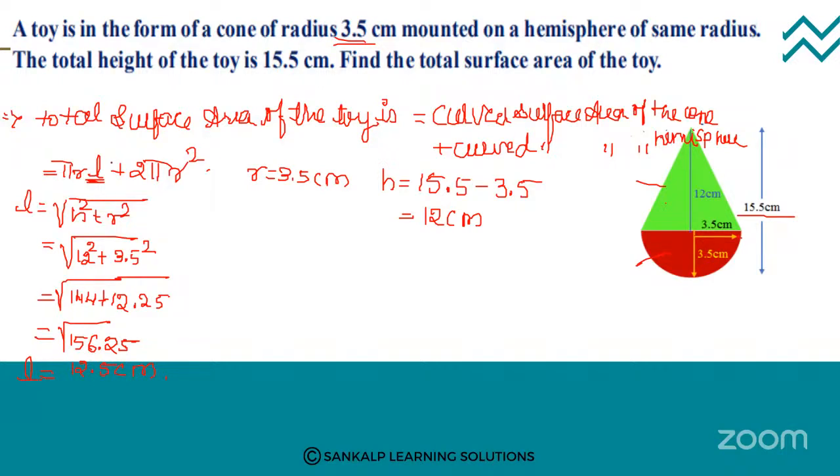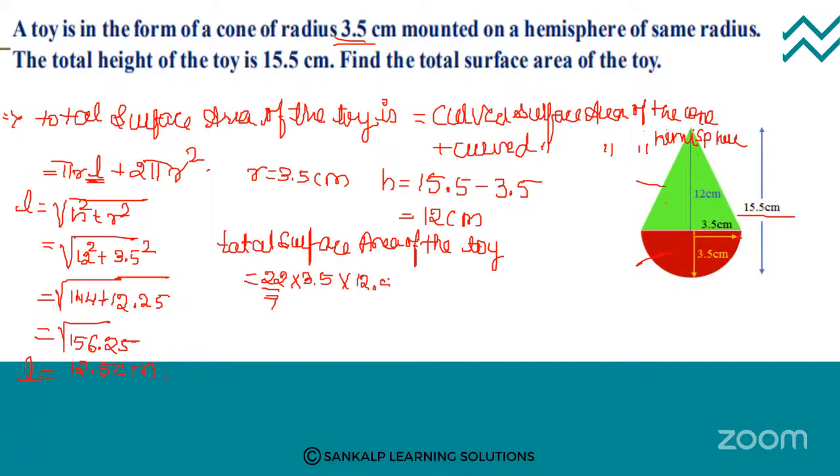Okay. Now, total surface area of the toy is equal to pi R L. Pi value is 22 divided by 7 and R value is 3.5 and L value is 12.5, plus 2 into 22 divided by 7 into R square. R value is 3.5 into 3.5.